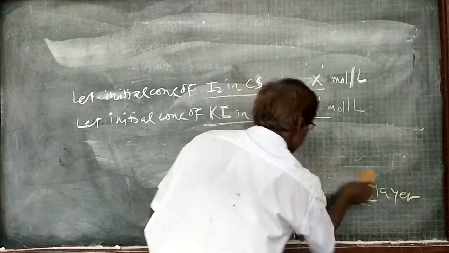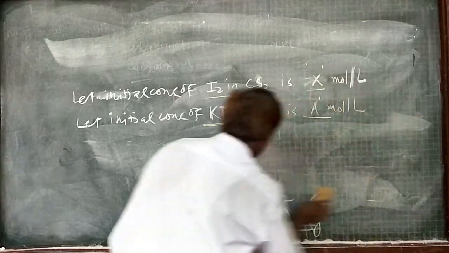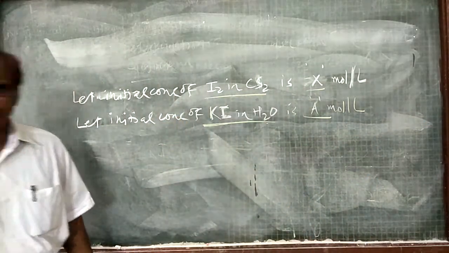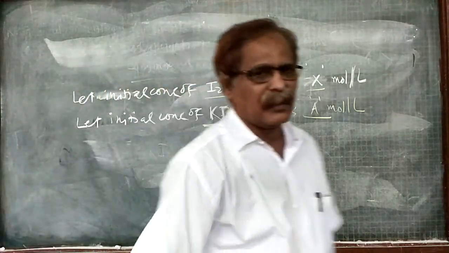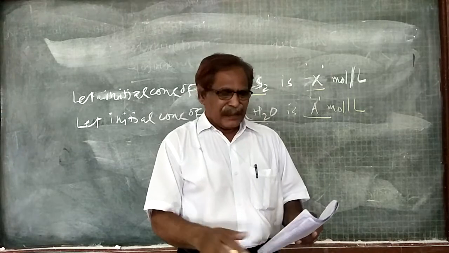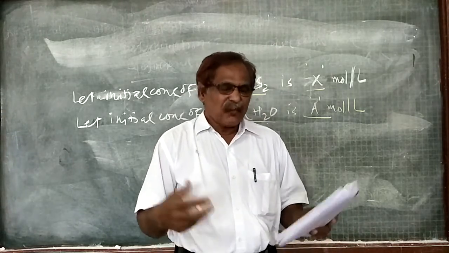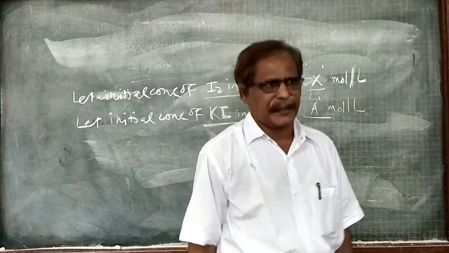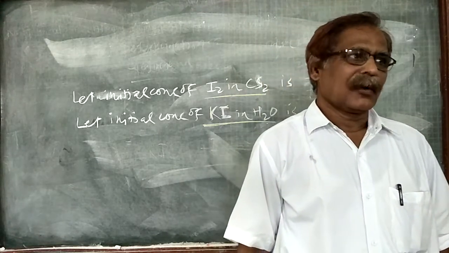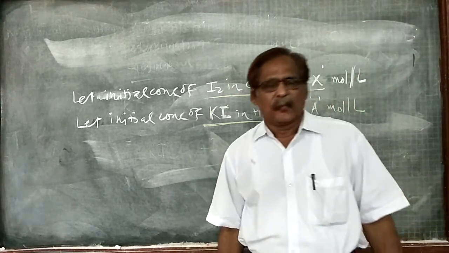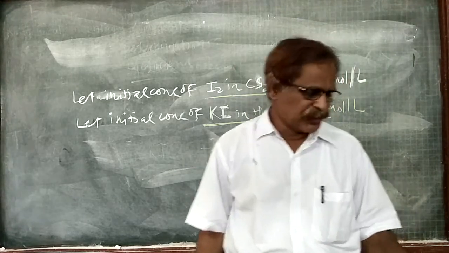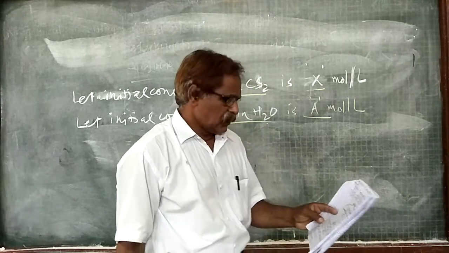Let us suppose we have seen how the concentration of iodine, or rather the total iodine in the aqueous layer, increases to a very large extent due to complex formation between iodine and potassium iodide.